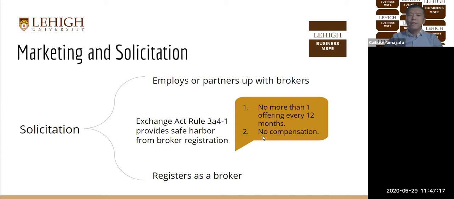There's a rule in the Act that provides a safe harbor from broker registration, but the exemption does not allow more than 1 offering every year, and it does not allow compensation for marketing. That's pretty much everything in SEC regulations. I'll pass on to Jonathan.